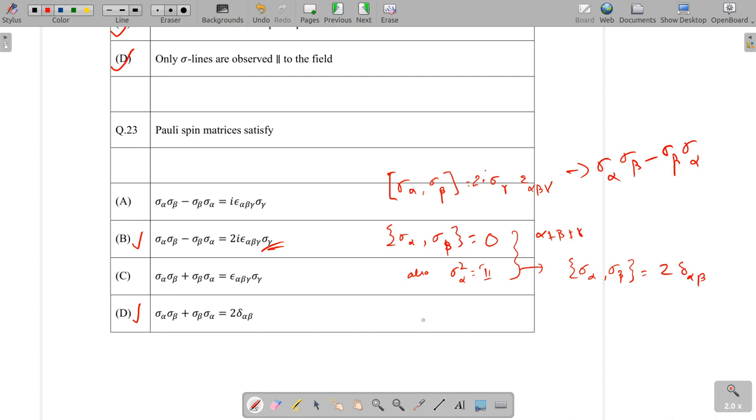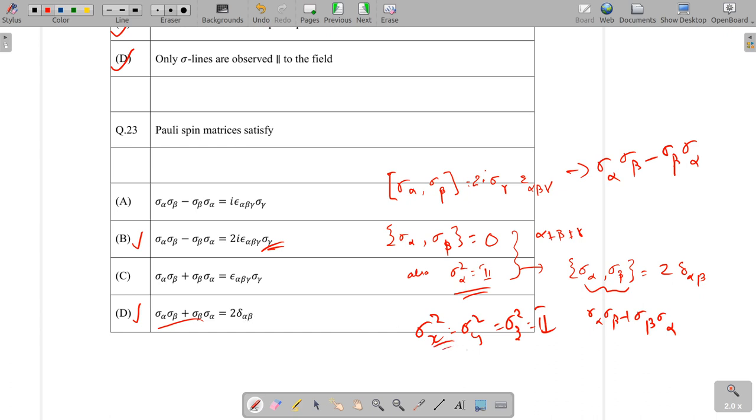Also, this is there: if you square sigma x squared, sigma y squared, sigma z squared, this is identity. So these two relations they have combined into one here. This is basically sigma alpha, sigma beta plus sigma beta, sigma alpha on the left hand side. This should be 2 times identity only when alpha equals beta.